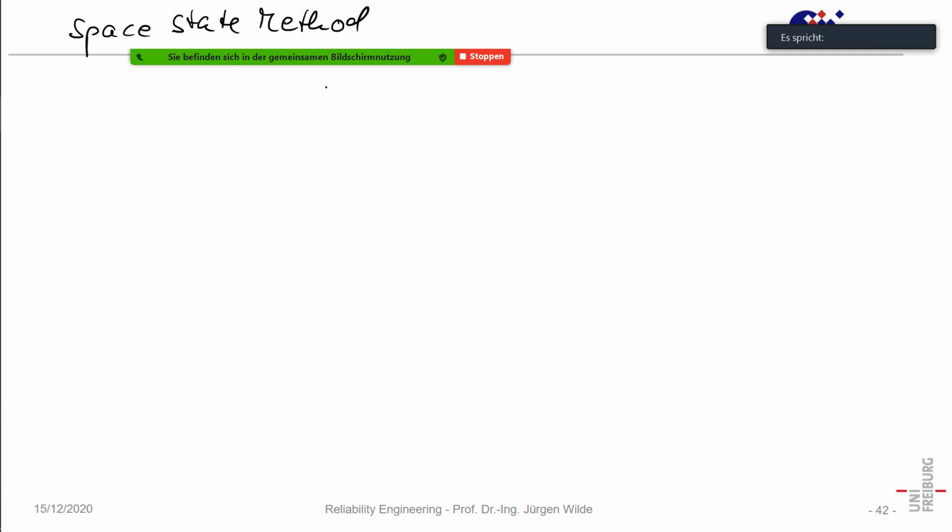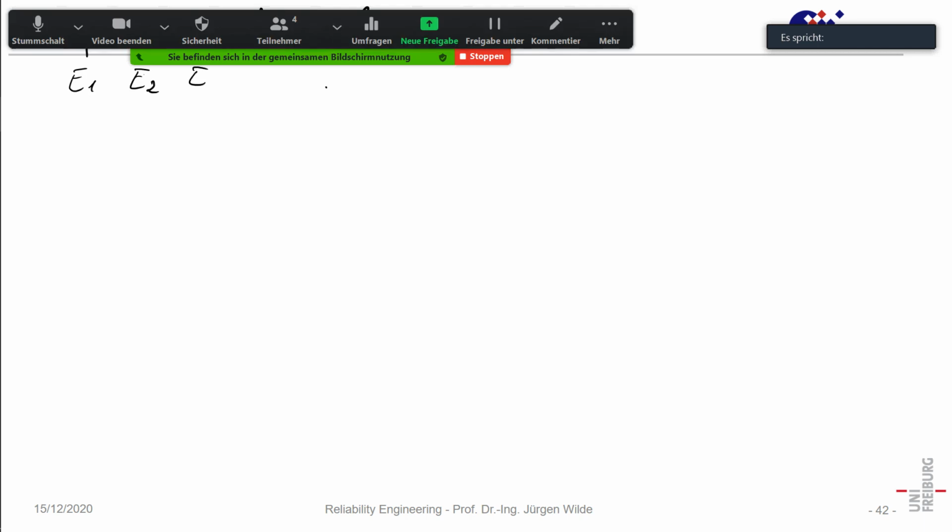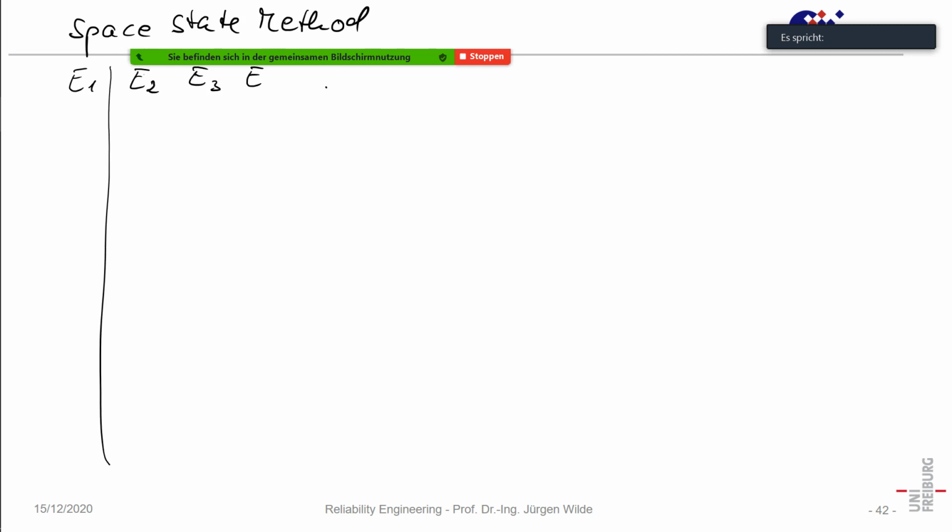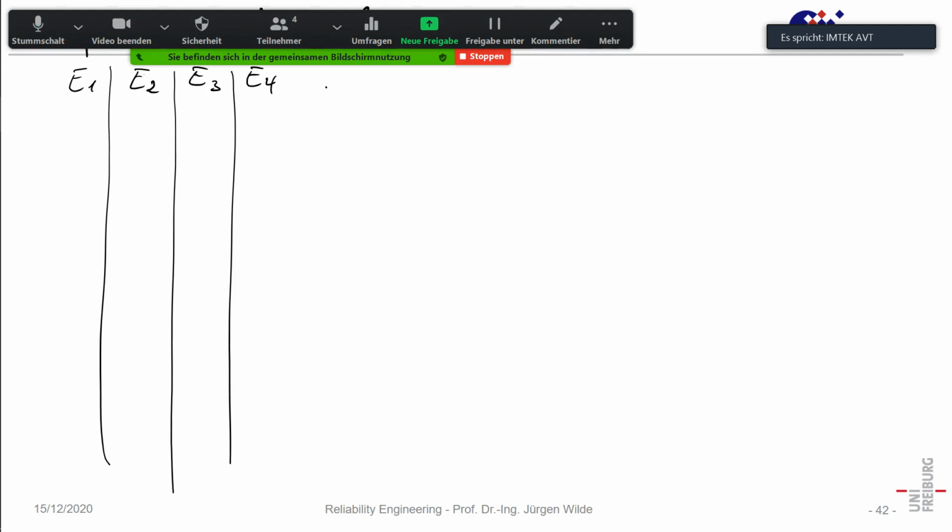And that means we have all 4 elements. If we have 4 elements, how many cases do we have then?